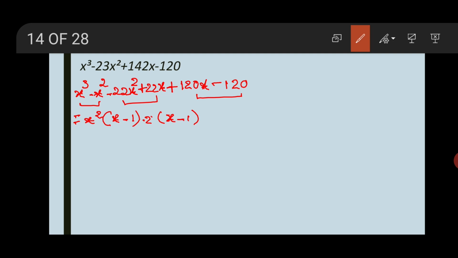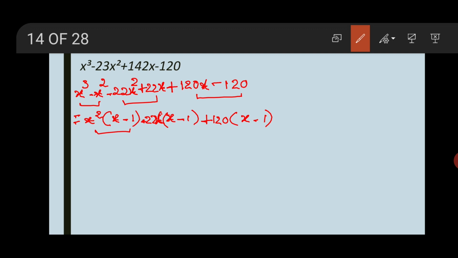So minus 22x is remaining outside the bracket, minus 22x. Here write the same bracket, x minus 1. So what we have to keep outside the bracket, 1 plus 120.